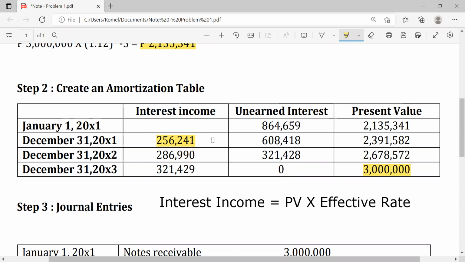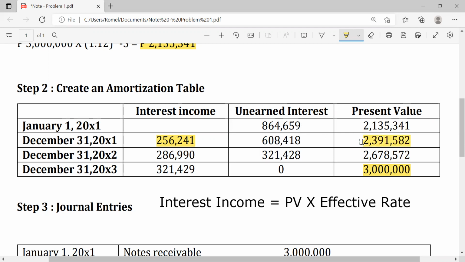And then what happens? Try to observe. Ang present value natin sa December 31, 20X1, it will increase. Tataas ang present value ng note. So, paano? When you add 2,135,341 plus 256,241, how much is the present value as of December 31, 20X1?